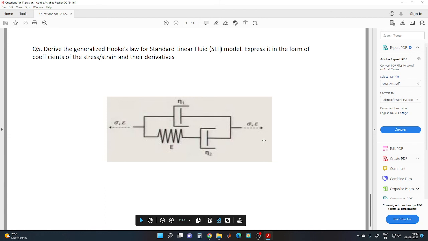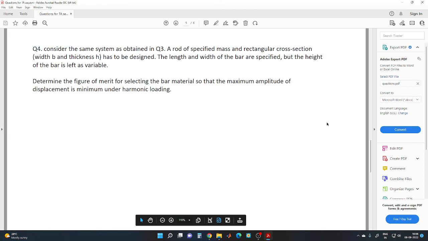So just as a hint, what I can tell you about the previous question is, we have this problem in question 3, right? The simple spring mass system. In that case, we use a rectangular cross-section bar, and we have a specified width and thickness associated, and we have a constant, specified mass.